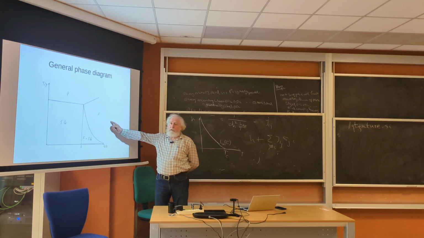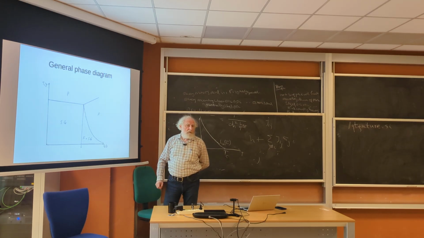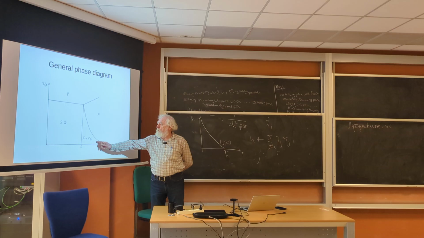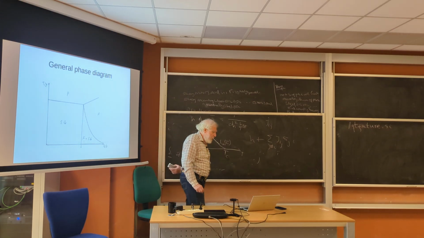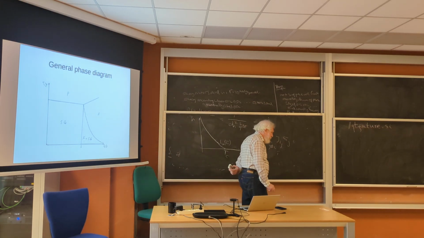One is a ferromagnet, where randomness in J is not relevant, at least qualitatively. And another one is a mixture, ferromagnet plus spin glass.